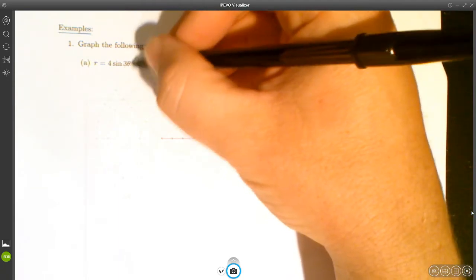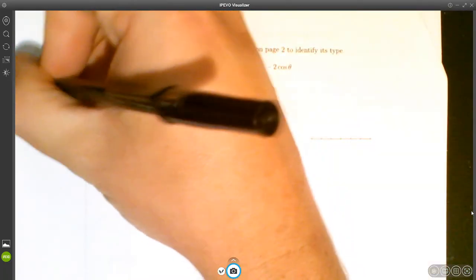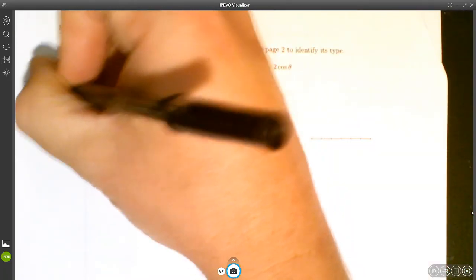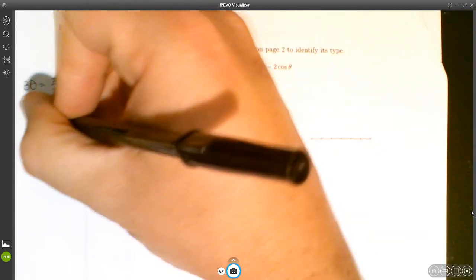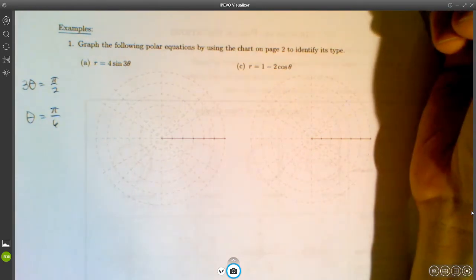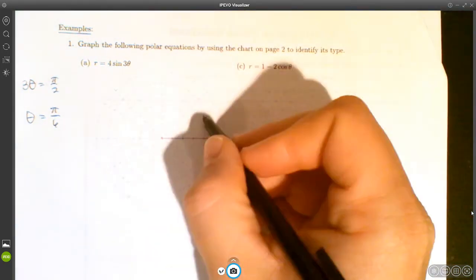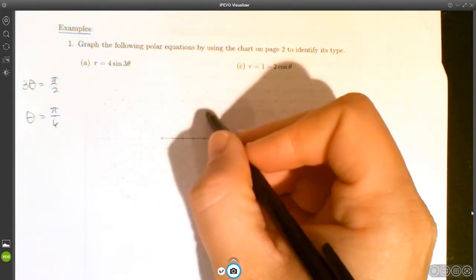So when is 3 theta equal to pi over 2 radians? Well, that happens when theta equals pi over 6, if you divide both sides by 3. That tells you that's where your first petal is going to be, at the angle of pi over 6.